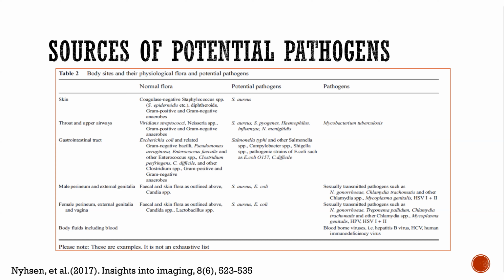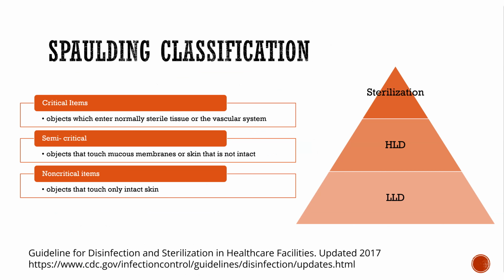So leading from the types of pathogens and where we might find them takes us to looking at how we're classifying these different types of equipment and where they're being used. I'm sure many of you are familiar with the Spalding classification.